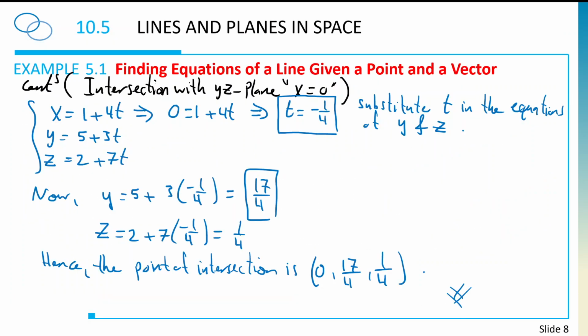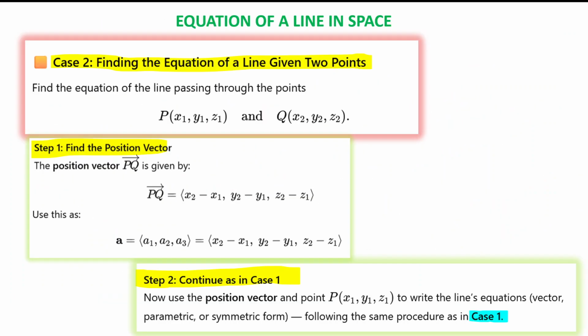The second possible case that we may see is that they give us 2 points. In case we have 2 points given, then we need to prepare. Remember the target: 1 point, 1 parallel vector. So I use the 1 point which is already given. And then from these 2 points, I will create a position vector just by doing what? PQ, which is terminal point minus initial point. And then we go back to use case 1. Now we have point and parallel vector.